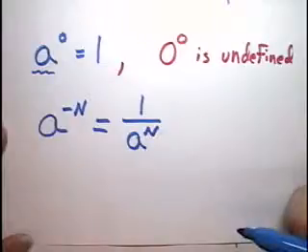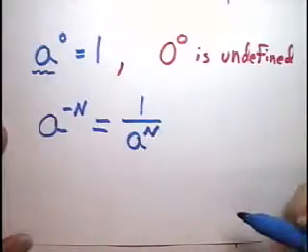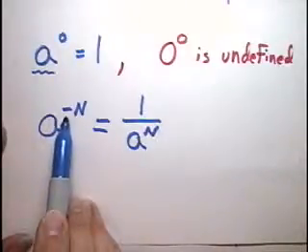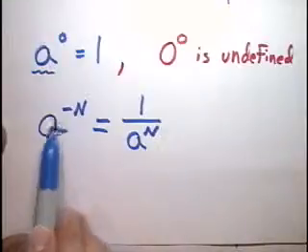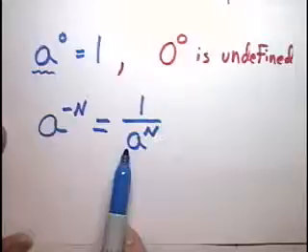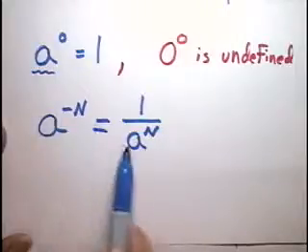My a as my base stays the same. My n as my exponent stays the same. What changes is, in order to remove the negative in front of the exponent, I have to move this value to the underside of a fraction, showing it as a division.